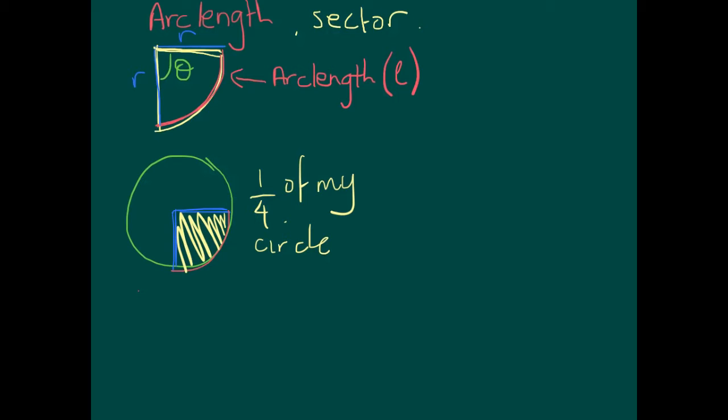Then this angle in here is going to be a quarter of my revolution. A revolution, or the angle within our circle, is 360 degrees. If this angle is a quarter of 360 degrees, this arc length has got to be a quarter of my circumference as well.